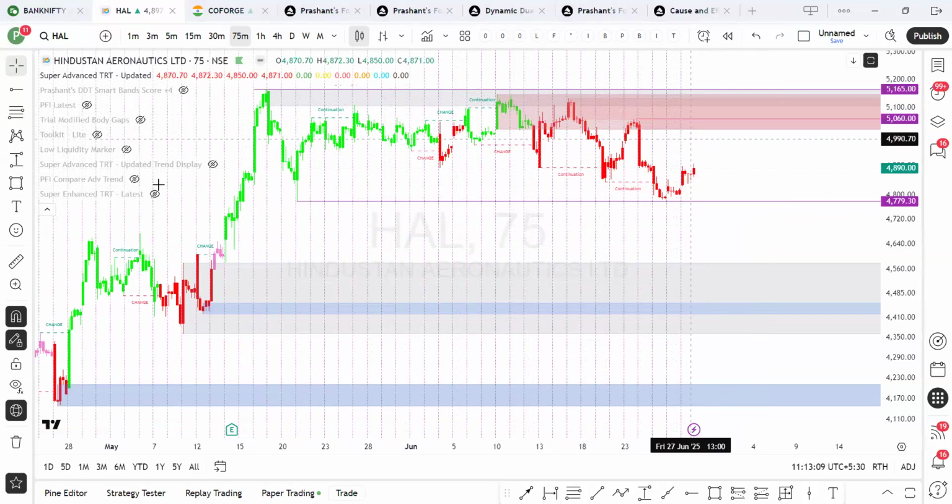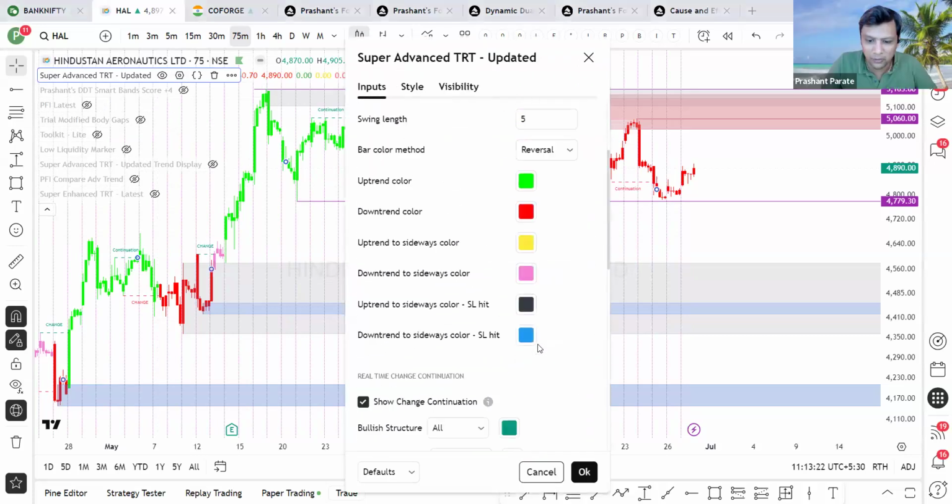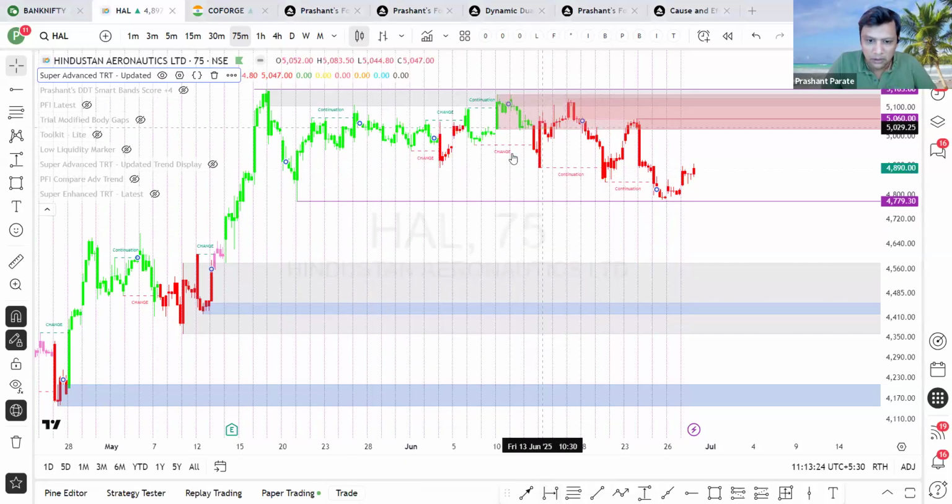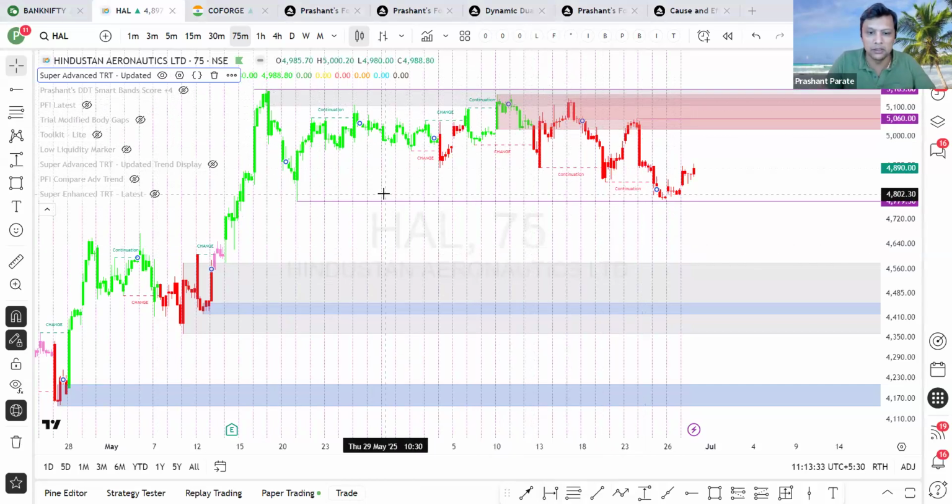So can't we make settings so that these used areas are not shown? Areas used multiple times are not shown on the chart. I will have to check if that is possible. But what happens is, once that area is used, only then it will disappear based on the current setting, and we can easily see which area is used and which is not.